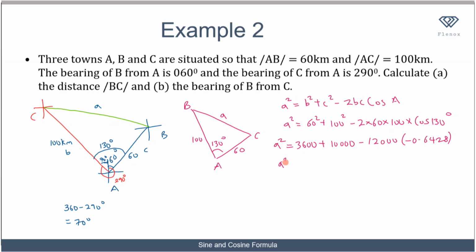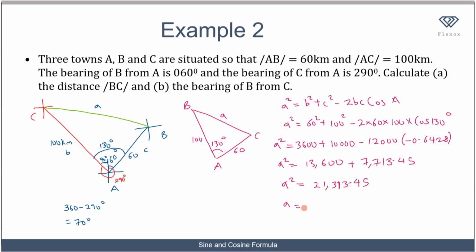So this plus this gives me 13,600, then minus times minus gives me plus 12,000 times this, which gives me 7,713.45. When I sum this up, I get 21,313.45 for a squared.